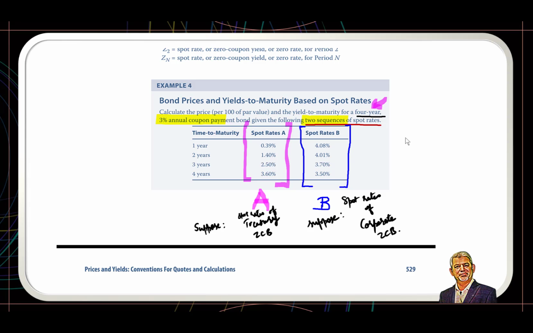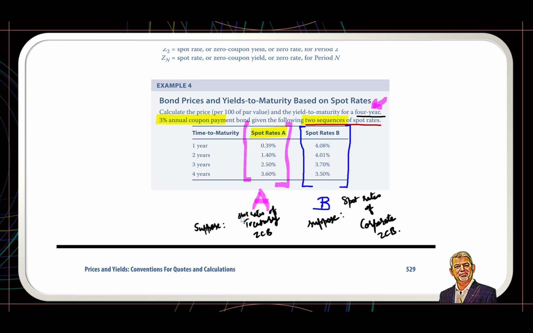So in the previous learning, we learned that we can value the bond using spot rate. But now the question arises, suppose you have two series of spot rates, maybe series A of spot rates.